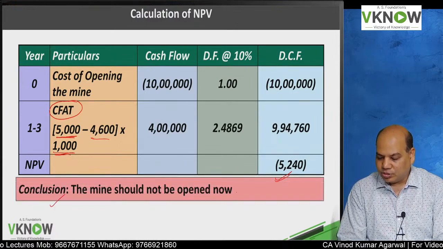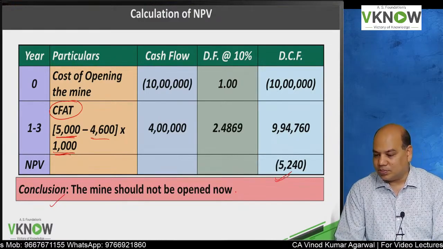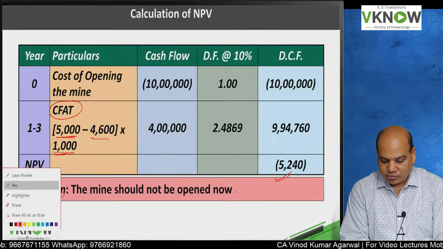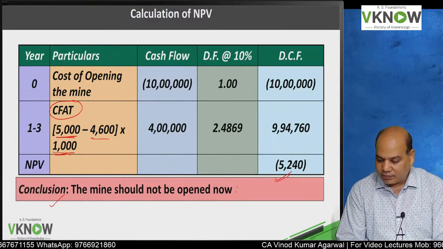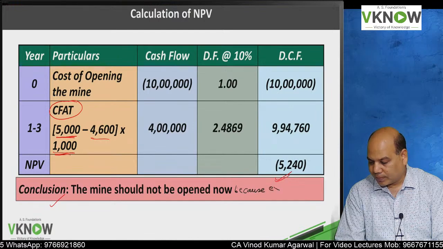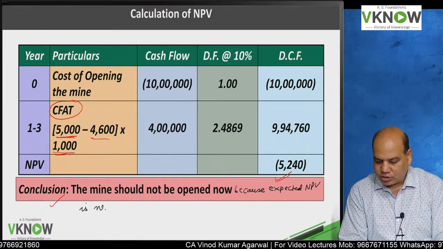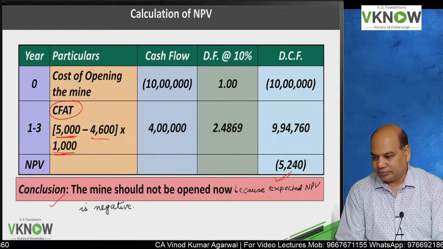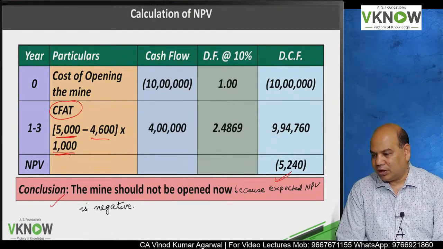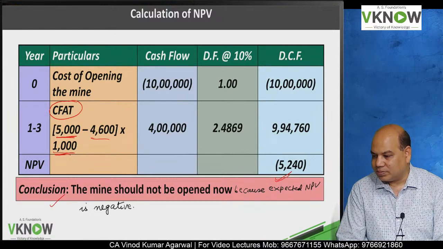The mine should not be opened now because the expected NPV is negative. Negative NPV means you are not getting the target return of 10%.